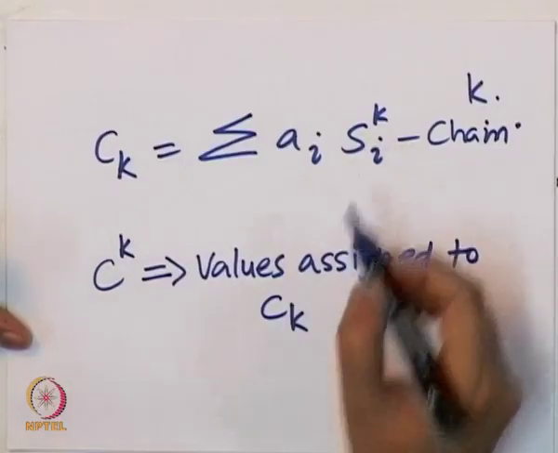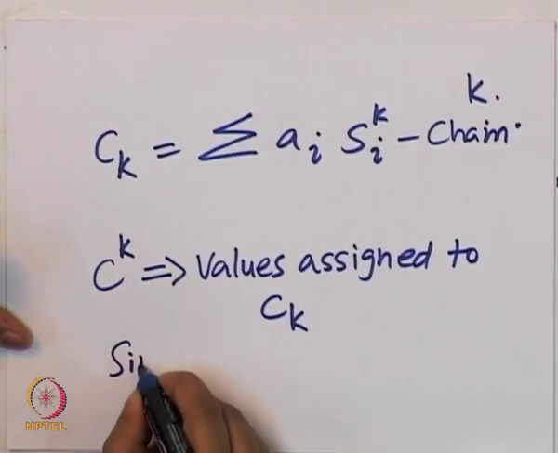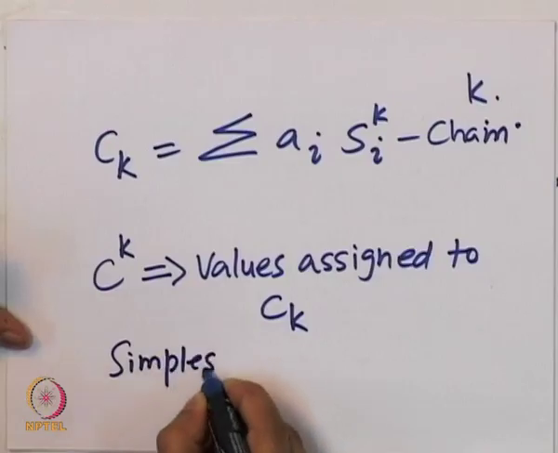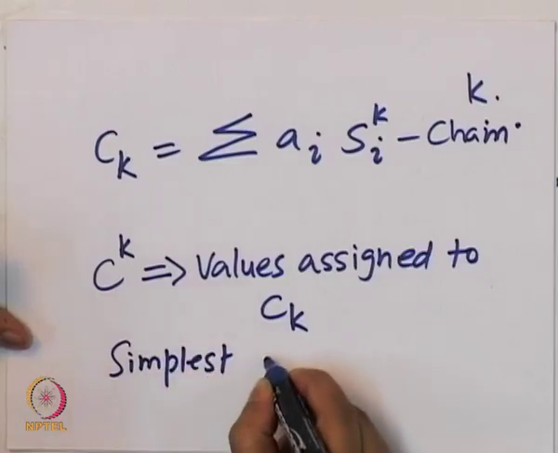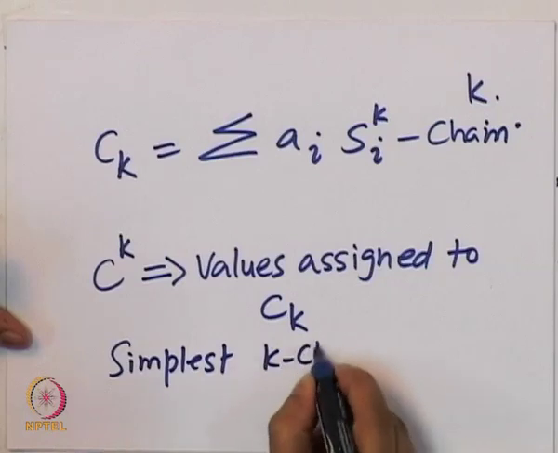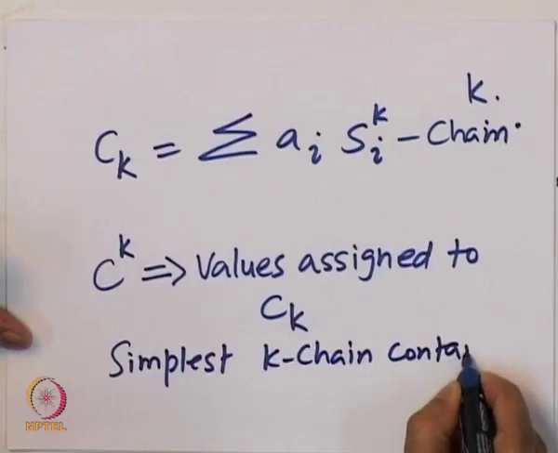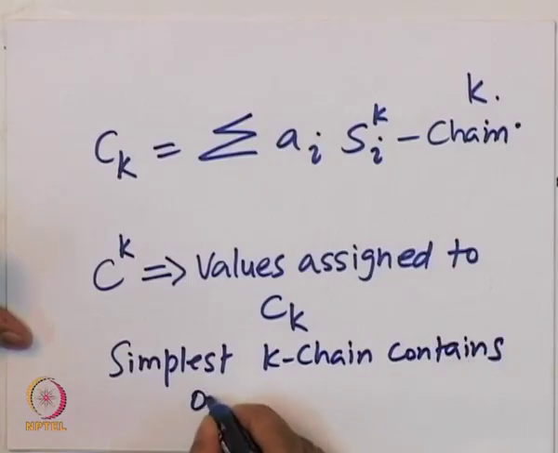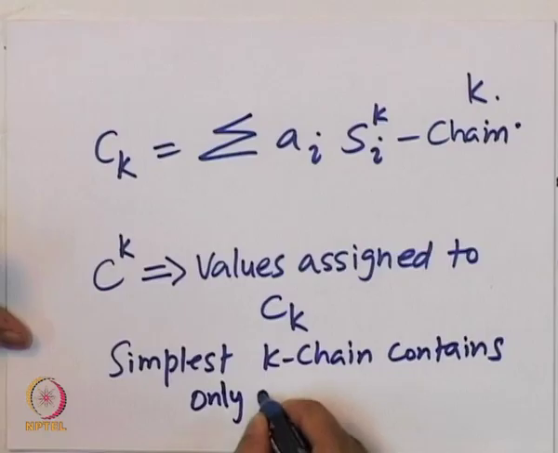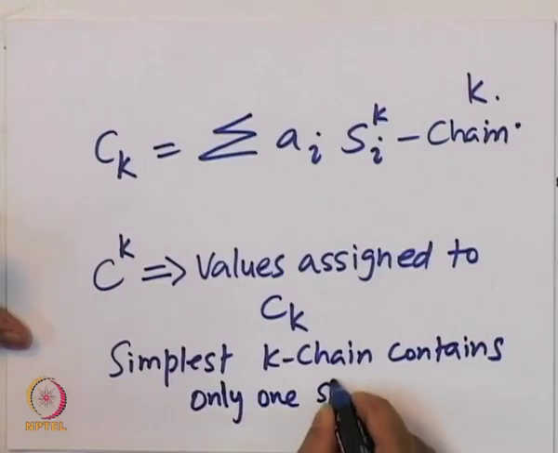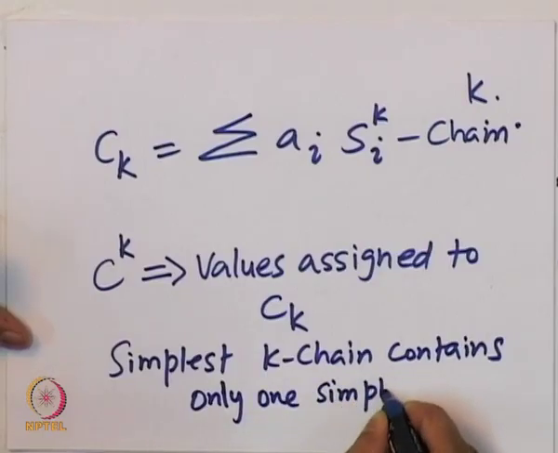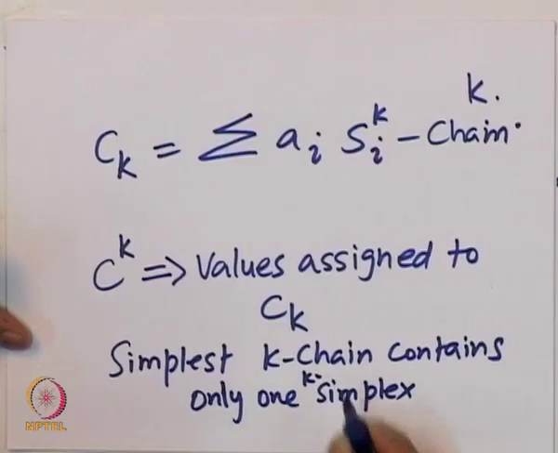So the simplest K chain contains only 1 simplex, let us say K simplex. So it has only 1 simplex.